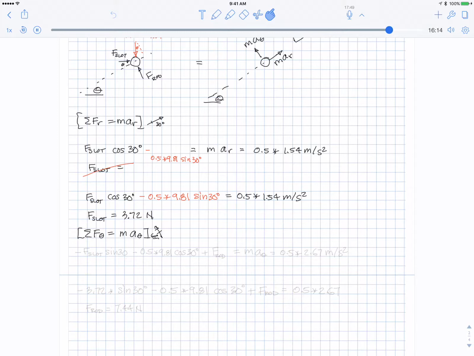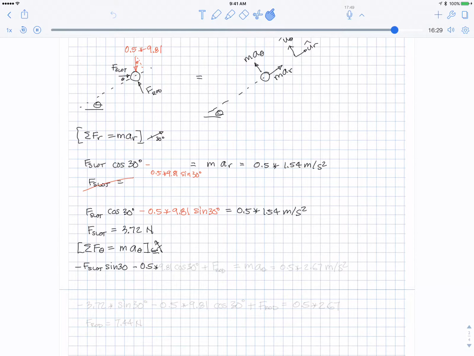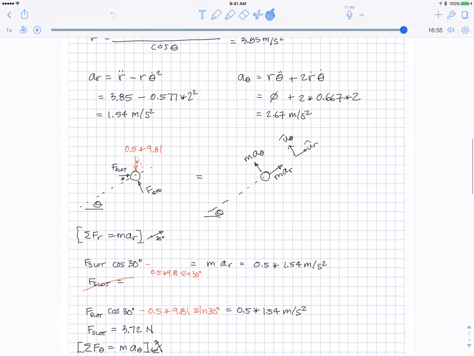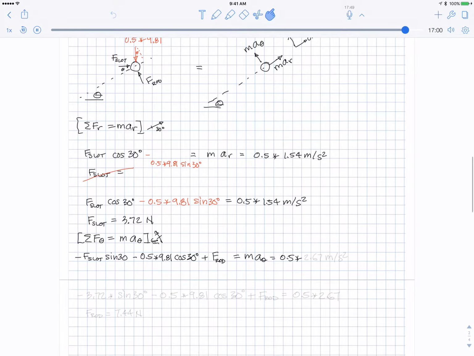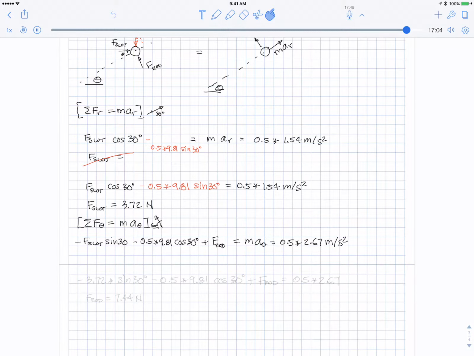So we get F slot sine 30 degrees, which is going clockwise, so negative, minus 0.5 times 9.81 cos 30 degrees, since the weight is also going clockwise, plus F of the rod, which is going counterclockwise, equals m, 0.5, times the acceleration in the theta direction, which was 2.67 meters per second squared. Let's continue on to the next page.